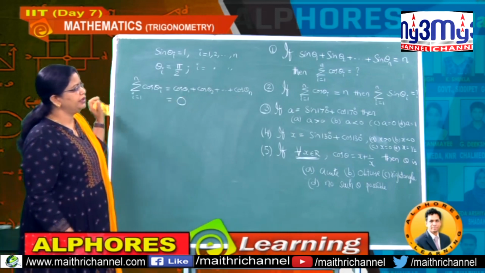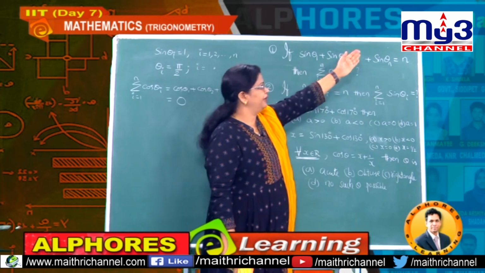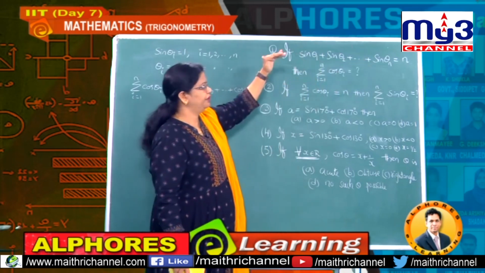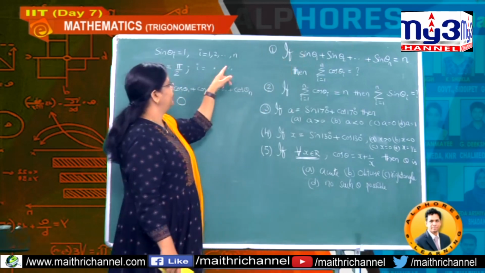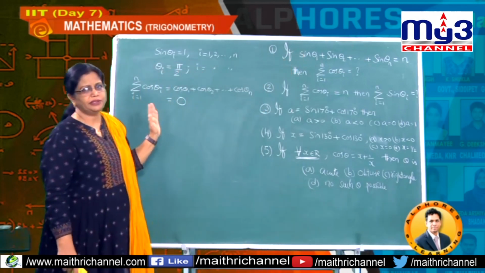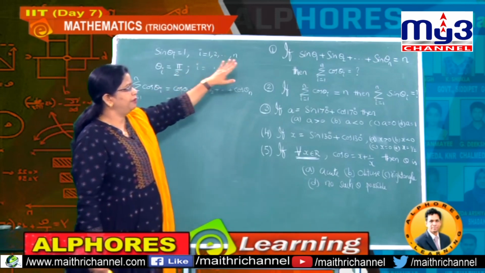So whenever the number of terms is n on the left hand side and the RHS answer is n, the only possibility is each theta i equal to pi by 2. That is the only possibility, and you came to know this only as you know about the range of sine function.